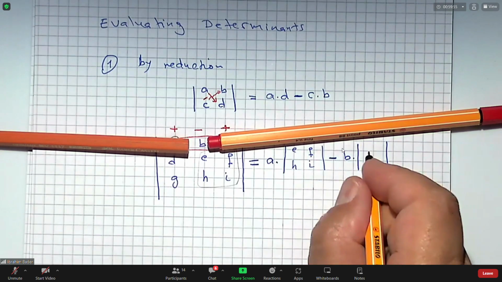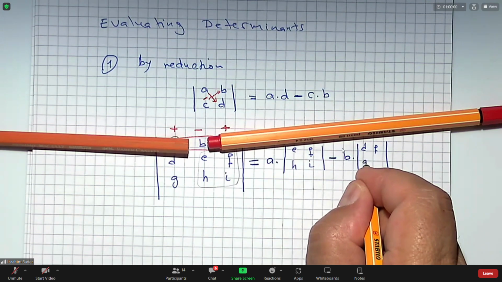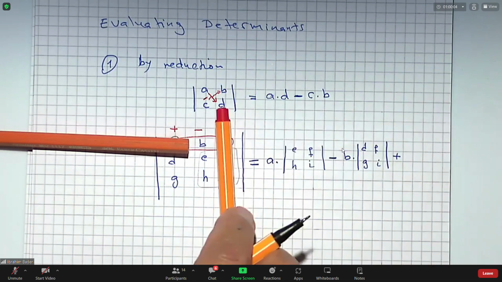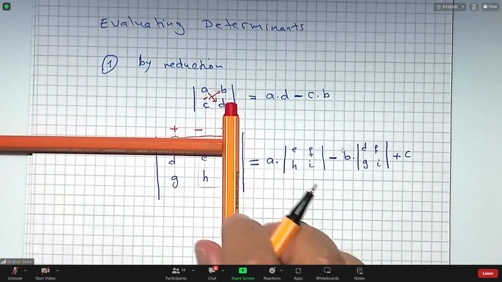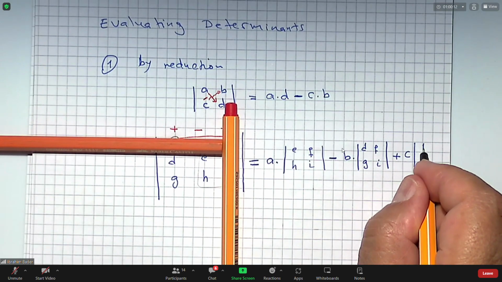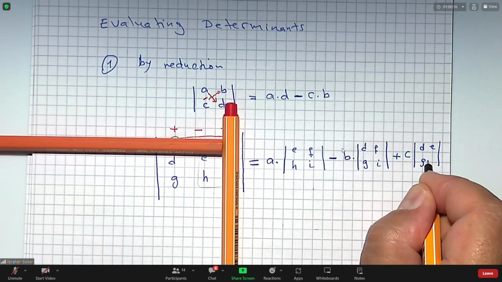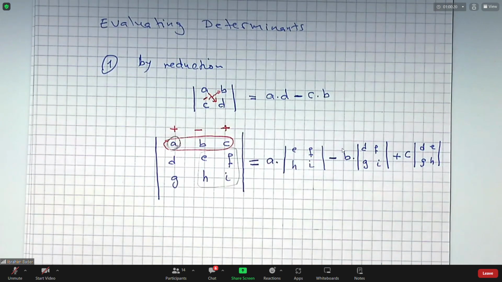D, F, G, I. The last one here, I move to the last one here, I have C. And if I just delete this row and column, I'm left with D, E, G, and H. Any questions regarding this step?